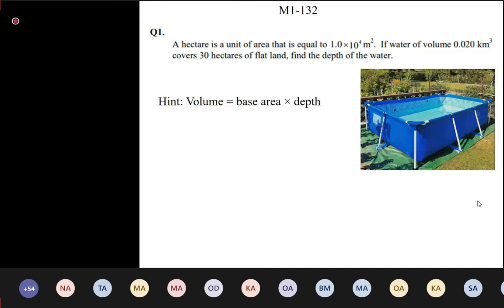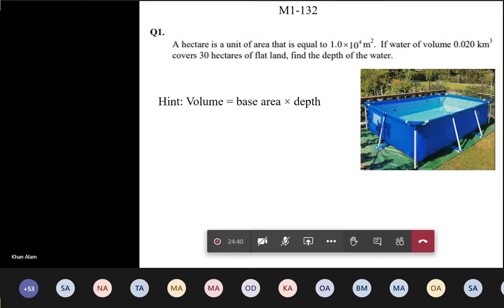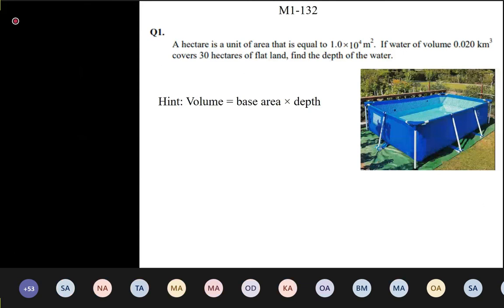I'm giving you a hint here. We know that the volume is the base area times the depth. They're asking to determine the depth. What should I do here? What will be my strategy to begin this problem?